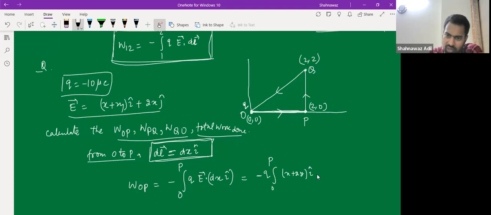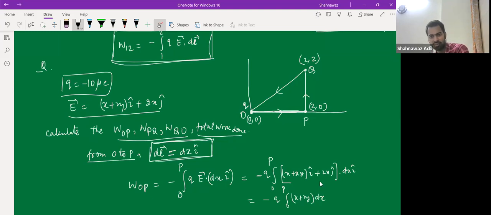So only i dot i will survive, and I will get q integral from O to P of x plus 2y, dx. So this is the final integral that I have. Is that clear?